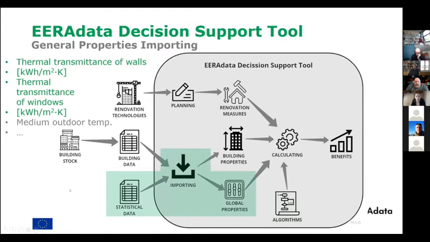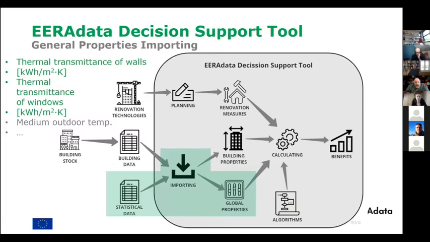Now, having these algorithms, we need the data. A part of this data, as I said, are global properties. For instance, some features of the technologies that are going to be used for renovation.